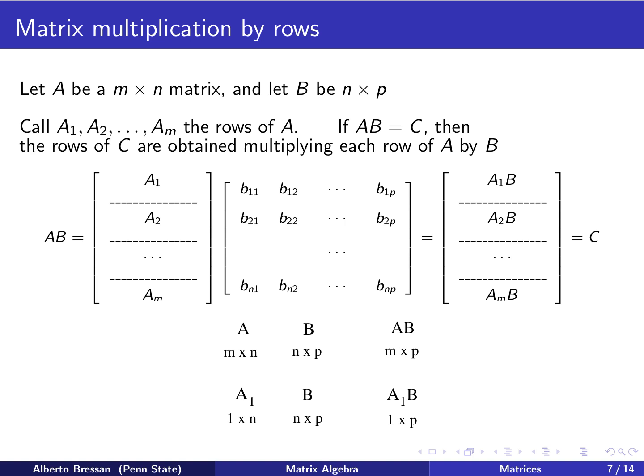So A1 times B now will be just of size 1 times P, so it becomes also a row vector.